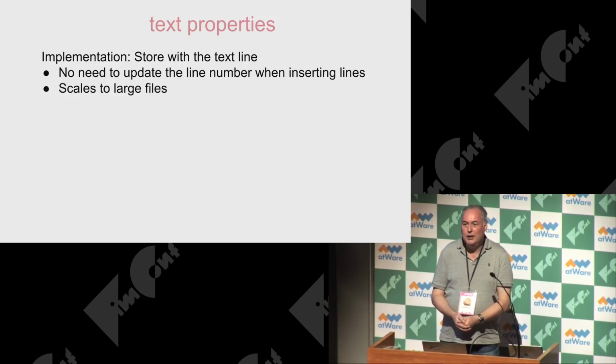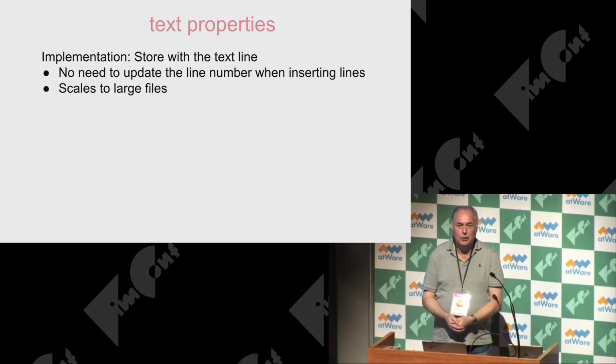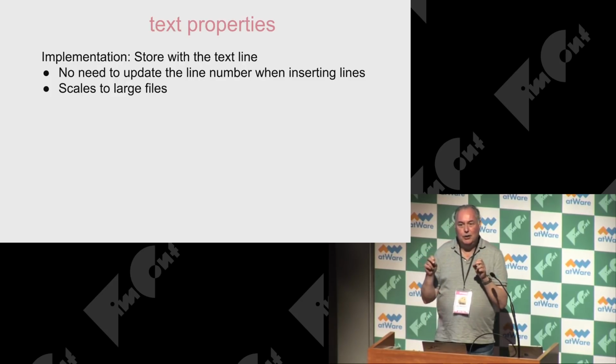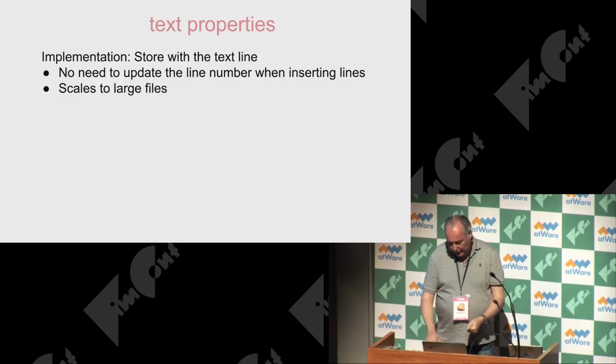Well, I thought about this, and probably the best way is to say Vim is very much based on lines of text. So you can take a text line, and then there's a null byte to signify the end of the text. And we can put something after it. So it's still one line, but you first have the text, a null byte, and then some more information which contains the text properties.